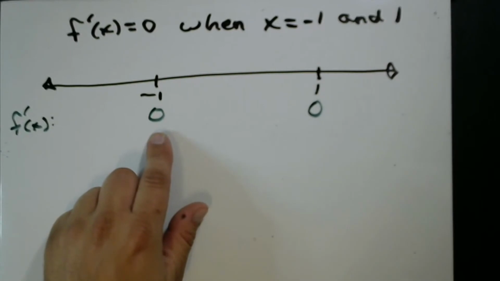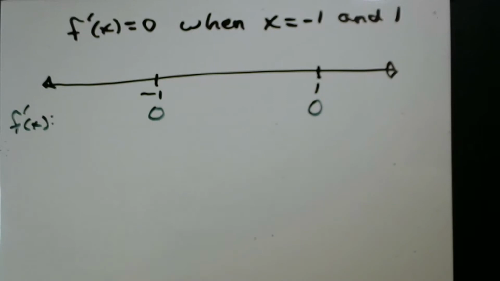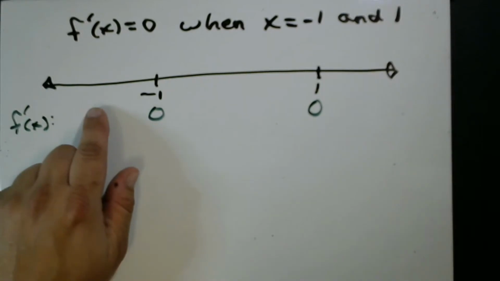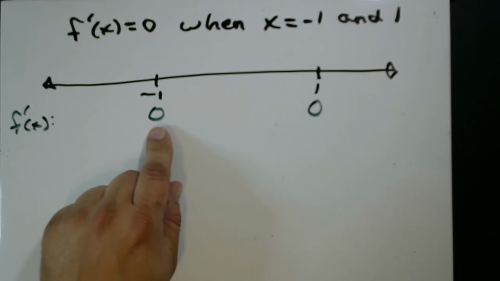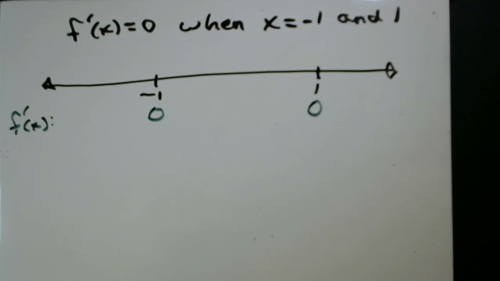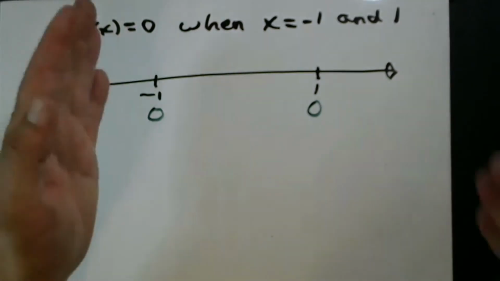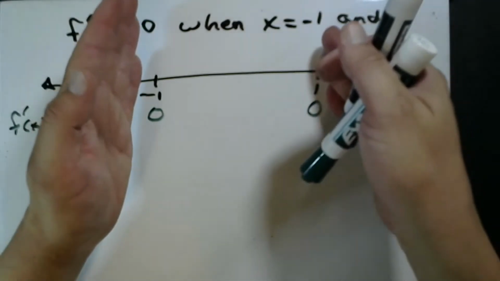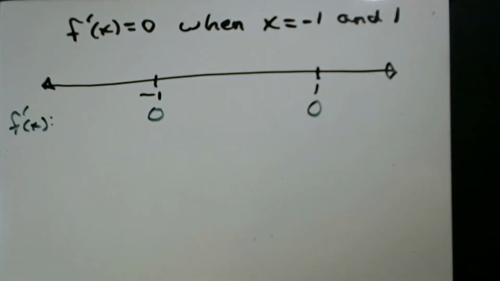So since it's continuous, it only changes sign when it becomes 0. So that means f prime of x will only go from negative to positive, or positive to negative, when it becomes 0. So that means f prime of x will only change sign here or here. It will not change sign anywhere out here or in the middle.